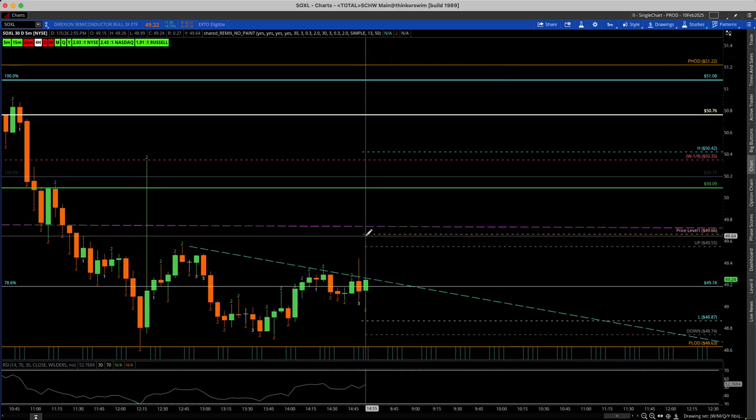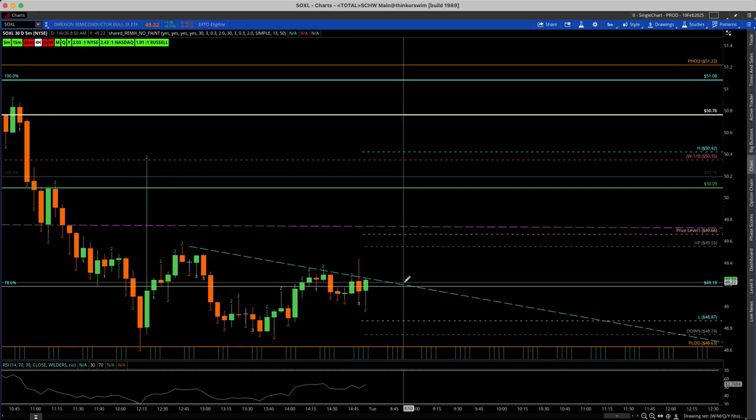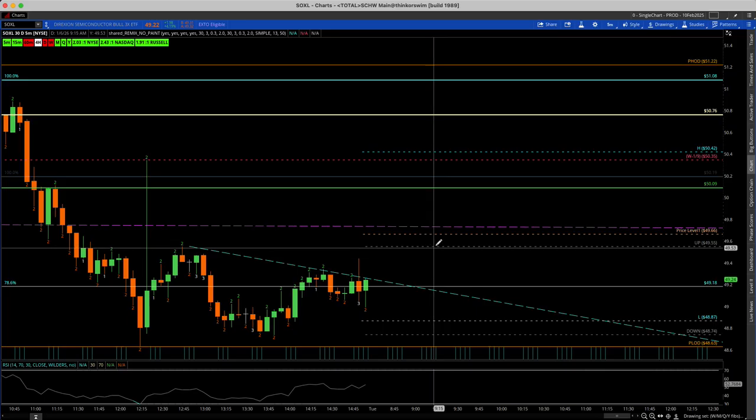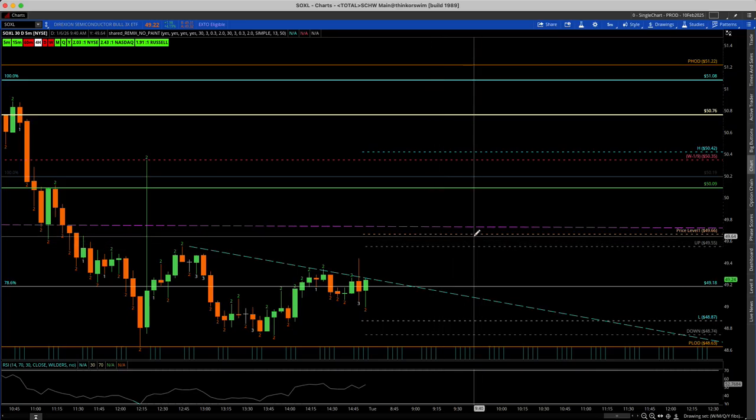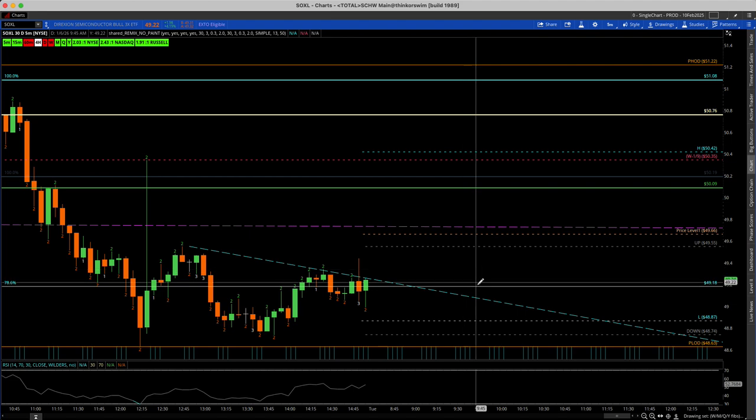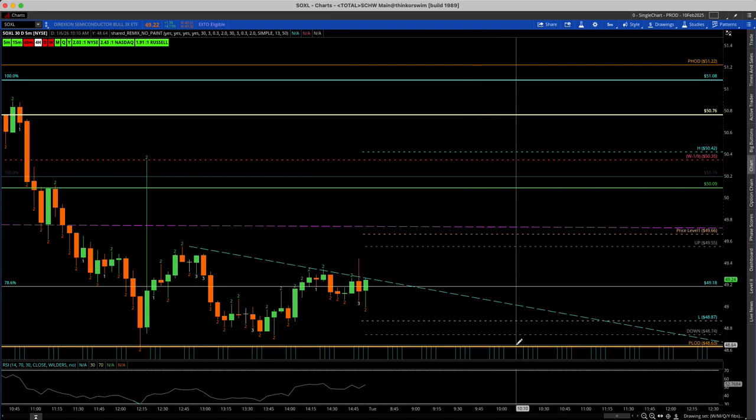Now, if we open here and we push down, maybe we bounce off of this 78.6 fib of the holiday bull flag, and we push back up, but then we get a rejection or a lower high at or below this opening print level, then we look to get into puts, targeting overnight low and previous low of day.